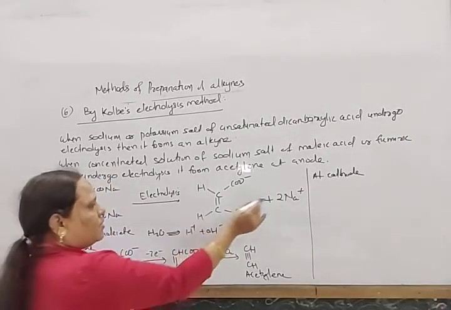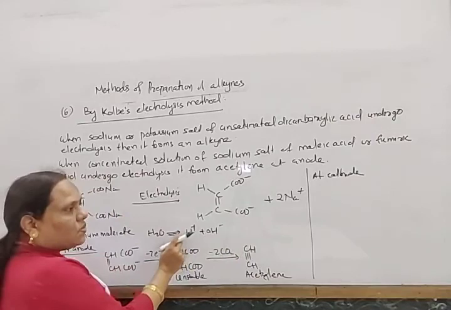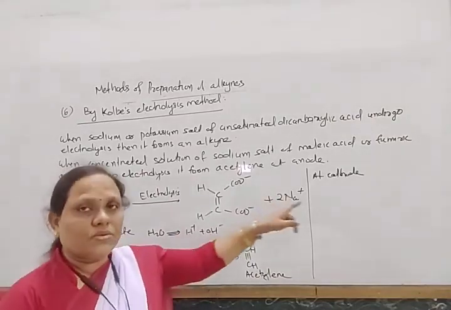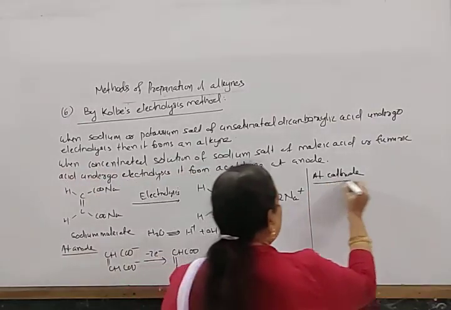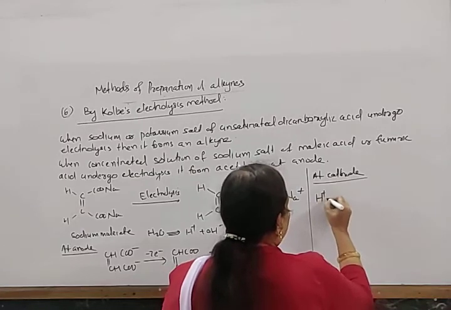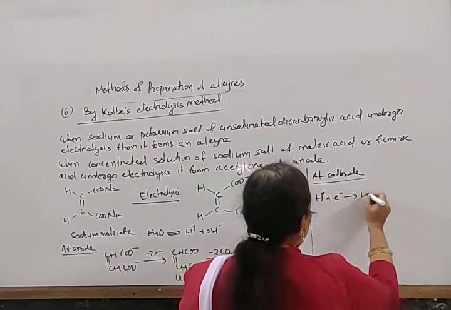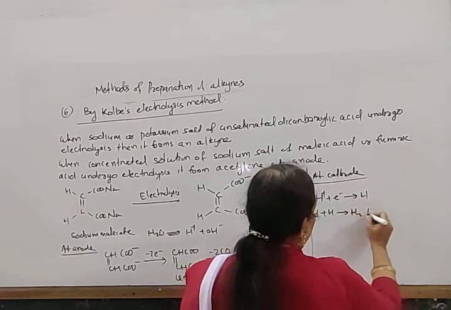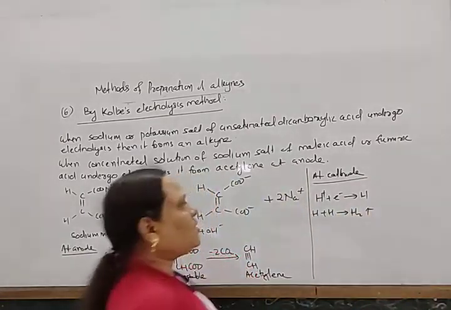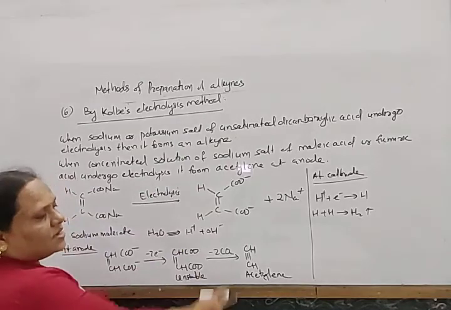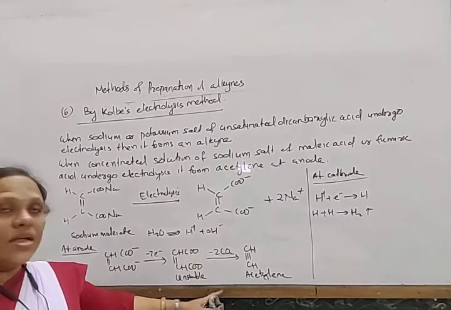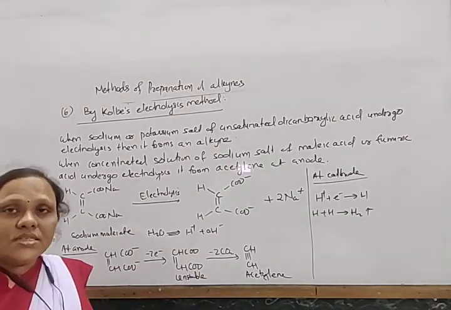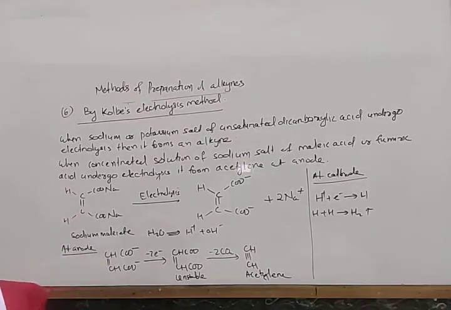Between Na plus and H plus, H plus has low discharge potential, so it will move towards the cathode. At the cathode, H plus plus electron gives rise to H, and H plus H gives rise to hydrogen. So hydrogen gas is liberated at the cathode, while acetylene is liberated at the anode. In this way acetylene is prepared.